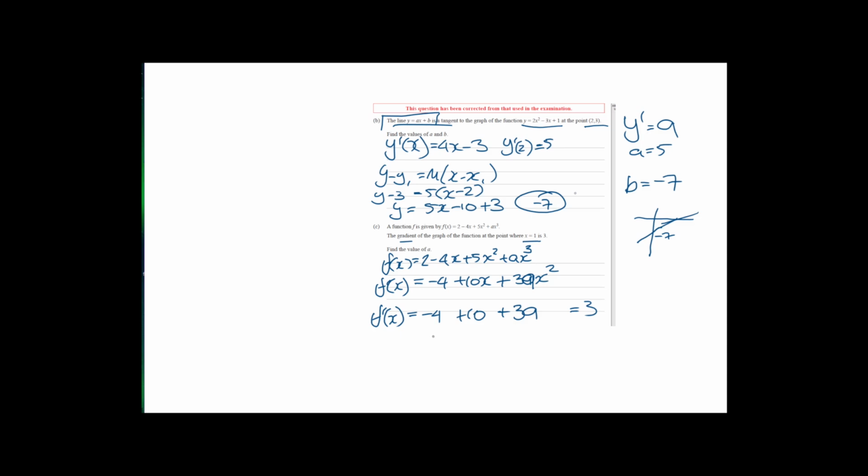Okay, so 3 plus 4 minus 10 is minus 3. So 3a equals minus 3. Divide both sides by 3. So a equals negative 1.